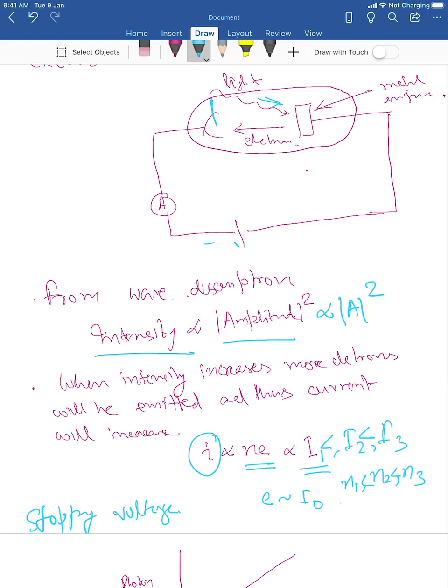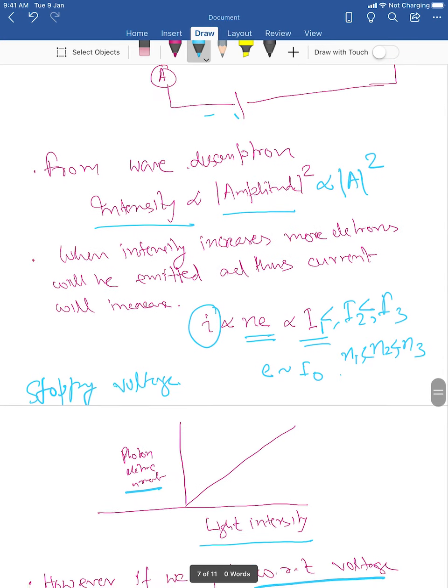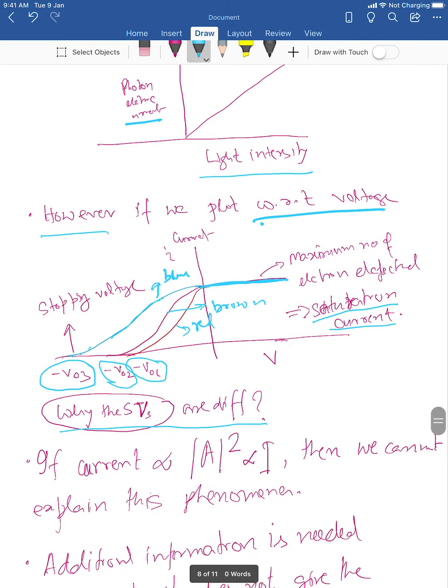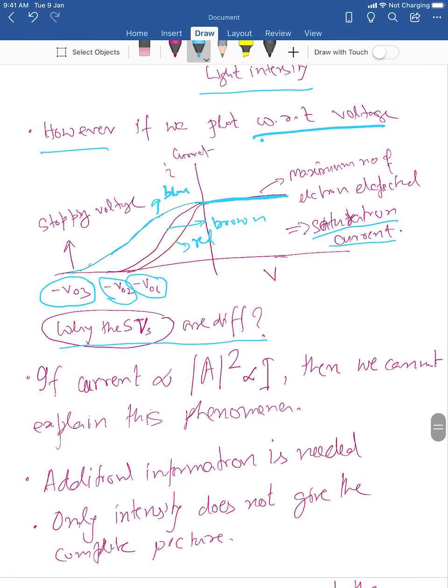So there is something more to it, and this question alone put things in perspective, that the wave nature of light is under question. If you remember the Young's double slit experiment, it was the particle nature of the electron that was questionable, and it was behaving like a wave.